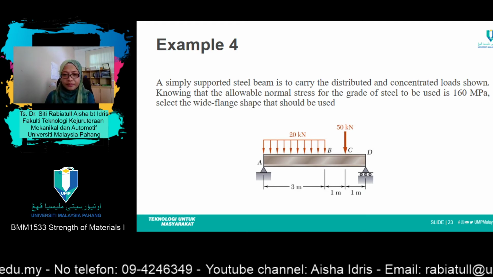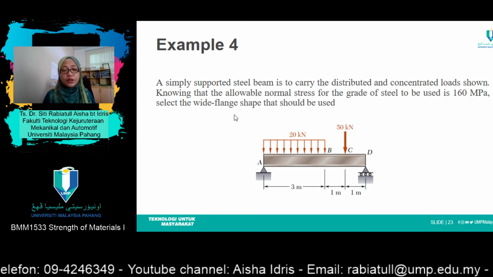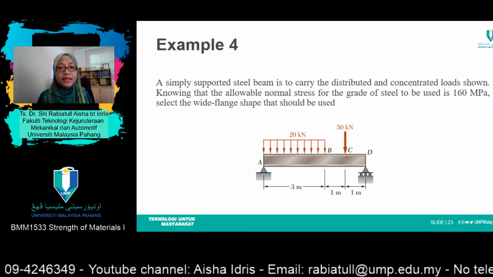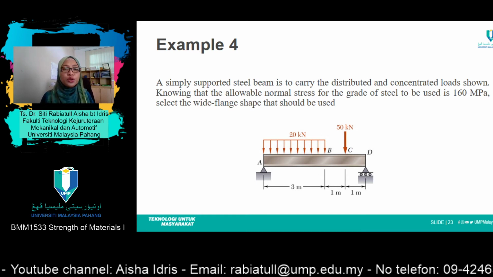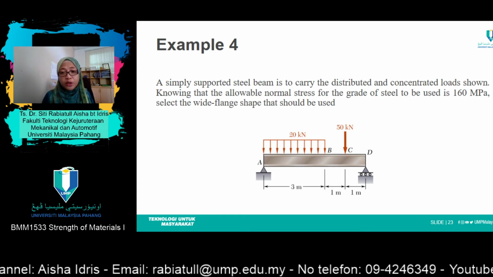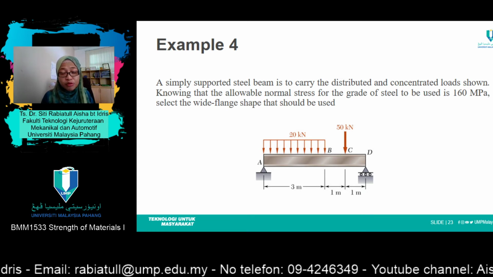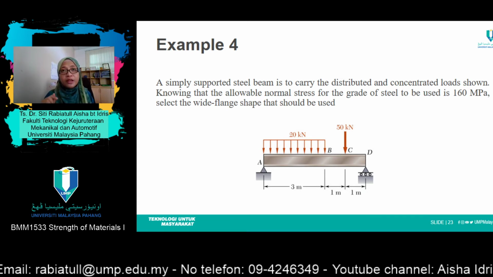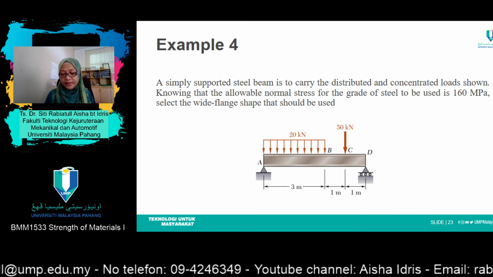Alright, so by right, for a wide flange shape, you need to find it using the tables that are going to be distributed to you, or you may find the list in the textbook that I've introduced to you before this.